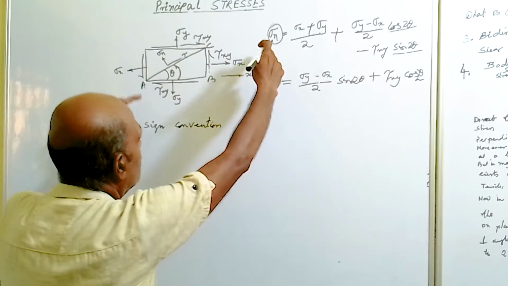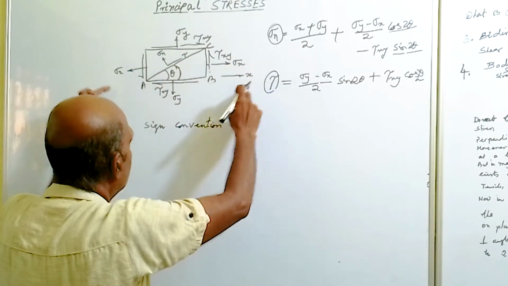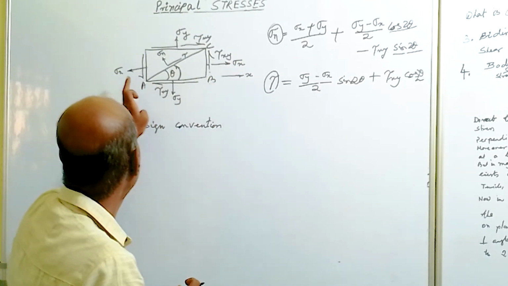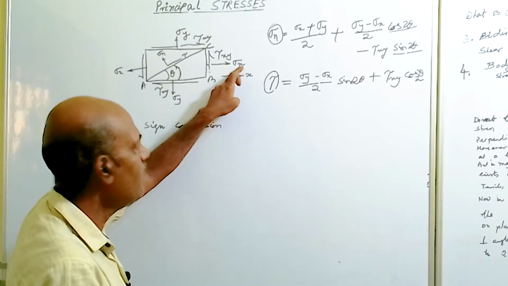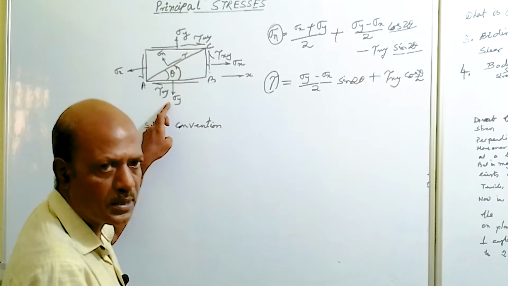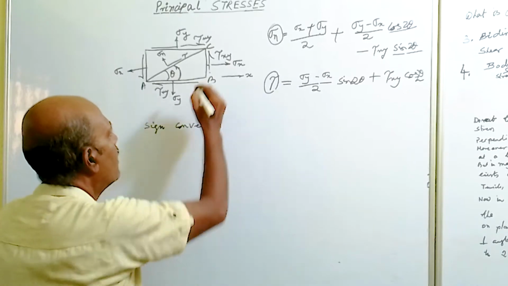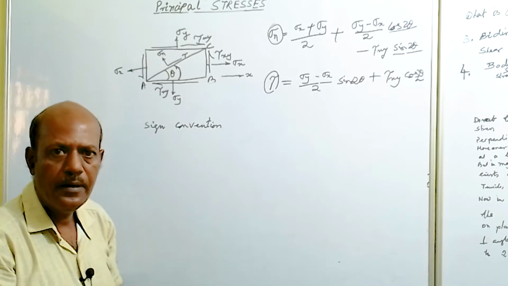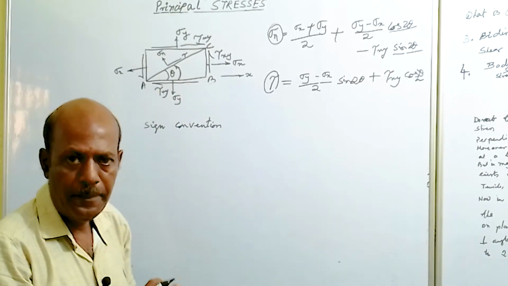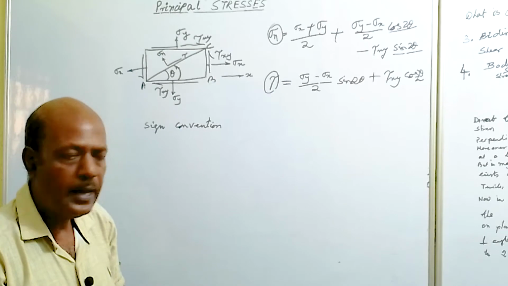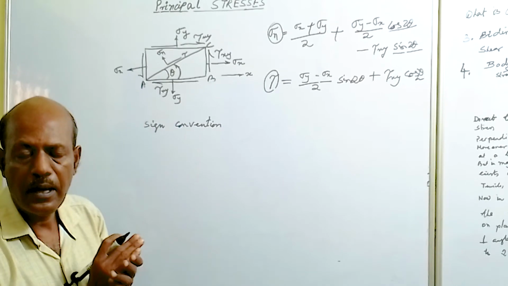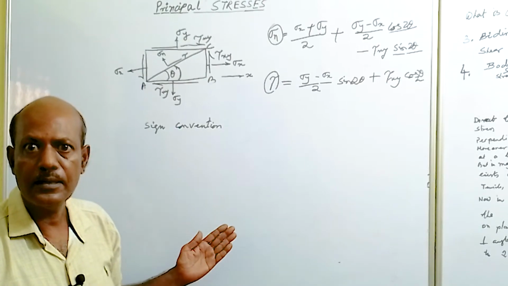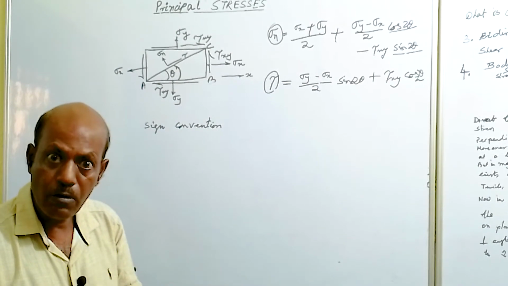And with this formula, you just remember the figure. In this figure, we have considered that sigma x is tensile, sigma y is tensile, tau is acting in anti-clockwise sense on x plane and clockwise sense on y plane, as well as the angle theta, that is, the inclined plane makes an angle theta with x direction in anti-clockwise sense.